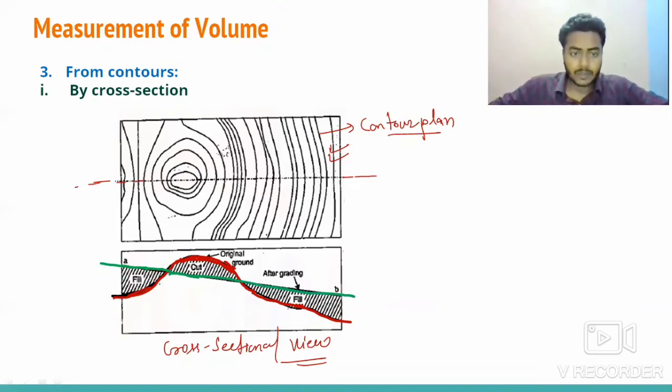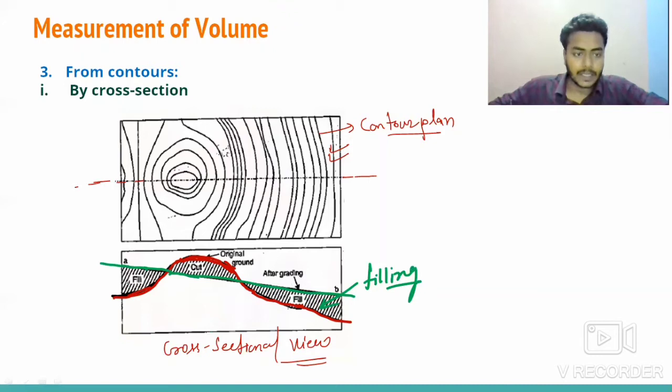So the actual ground is like this, and we want the ground to be in a proper gradient like this, A to B. Here the actual ground is below the grading we want, so we have to do the filling.